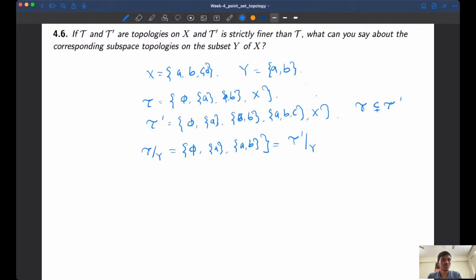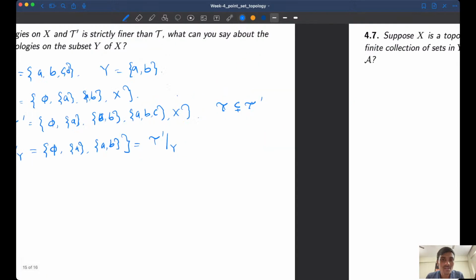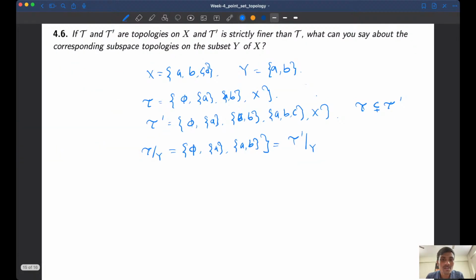Did you write the third element of tau prime as {A, B} and then {A, B, C}?